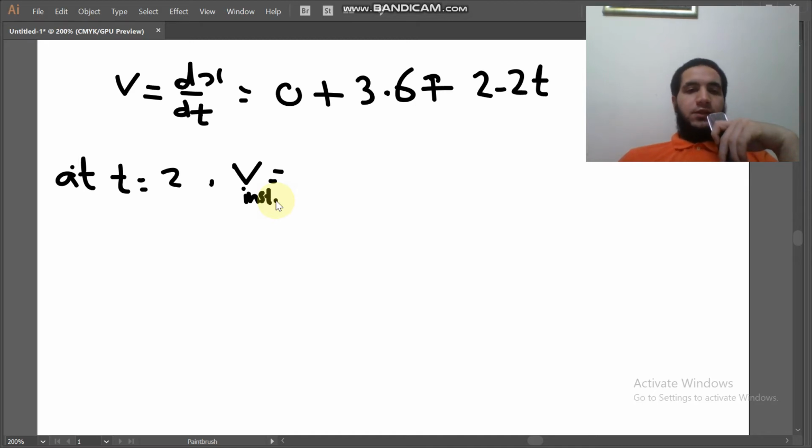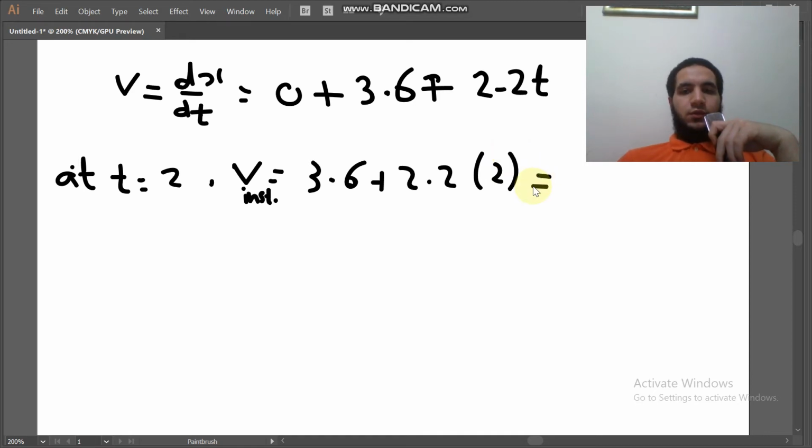Okay, v instantaneous equals 3.6 plus 2.2 multiplied by 2 in this case, which will be equal to 3.6 plus 4.4 equals 8 meter per second.